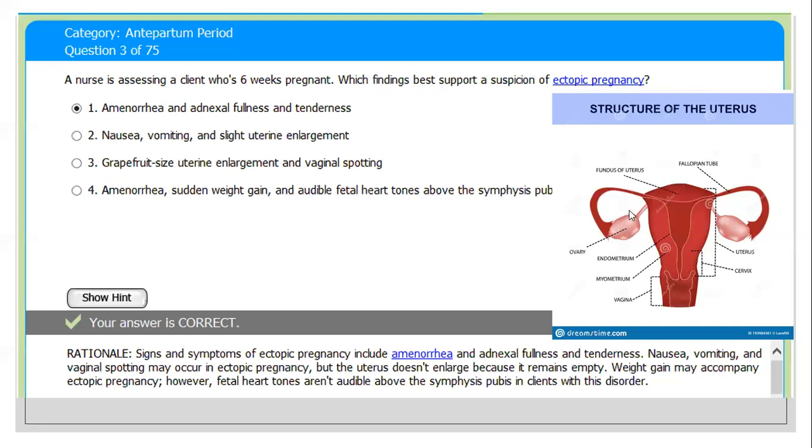The ovary secretes ova, and it is connected to the fallopian tube, and the fallopian tube is connected to the uterus, right? And this is the body of the uterus, fundus, and cervix.